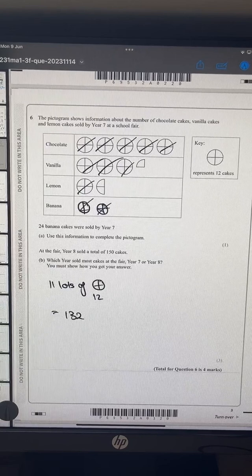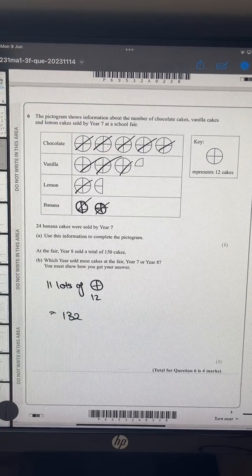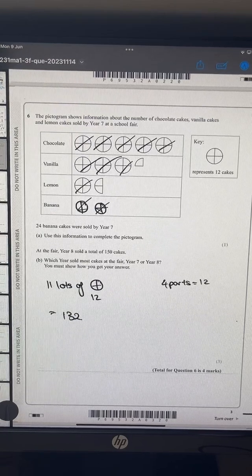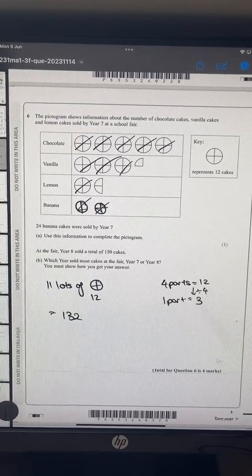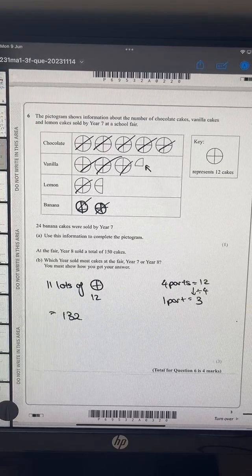Now, I've got these fractions, okay? So this is a quarter of that, right? That's one part. There's 4 parts here. 4 parts equals 12. Here I've got 1 part. 4 to 1 is dividing by 4. So 12 divided by 4 is 3. So that is going to be 3 cakes.